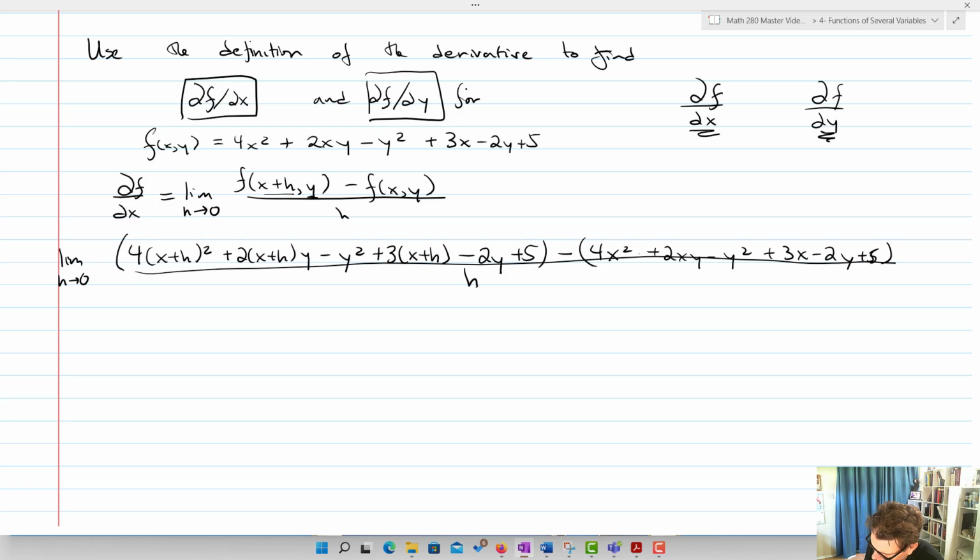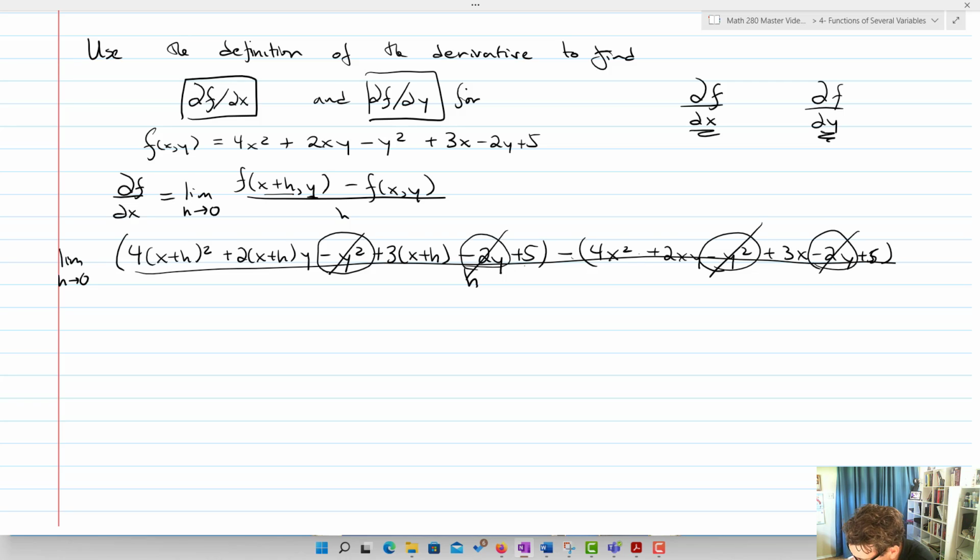Okay? Now a couple things to notice. First things first, if there are no x's in the part of the function that we're looking at, notice that I'm going to have a minus y squared and I'm going to have a minus y squared. So those two are actually going to cancel. And then I have a minus 2y and a minus 2y right here, and they're also going to cancel.